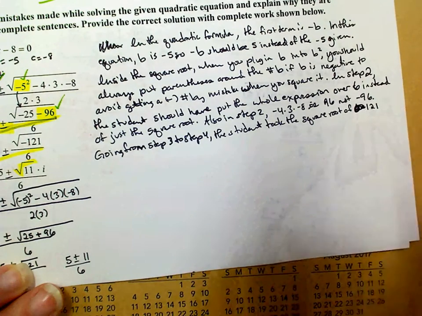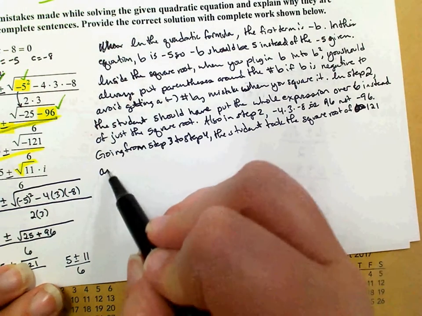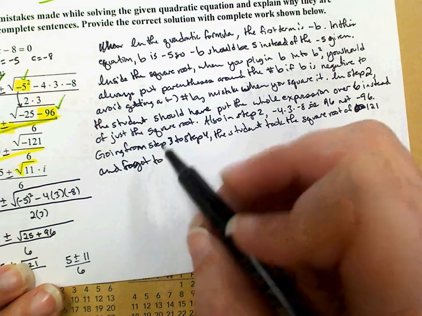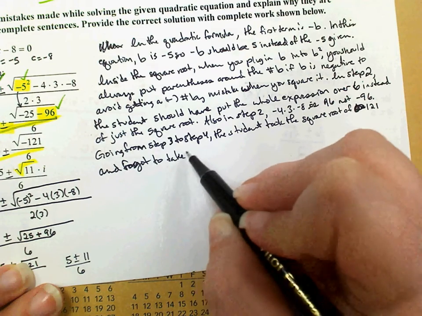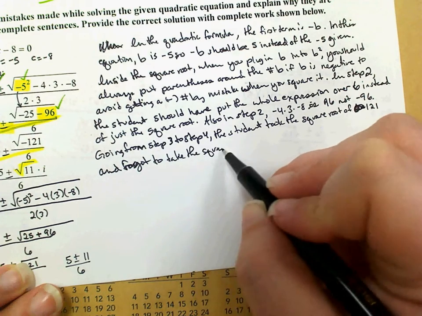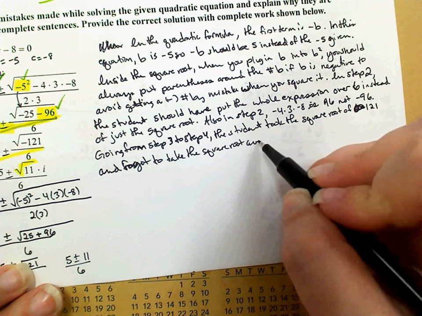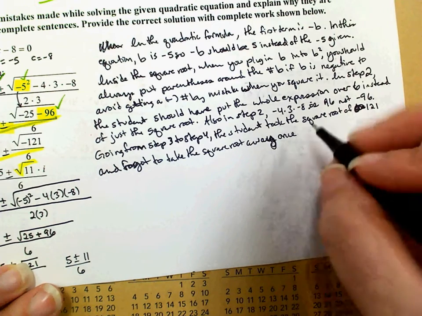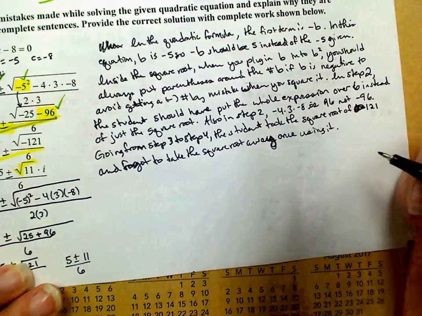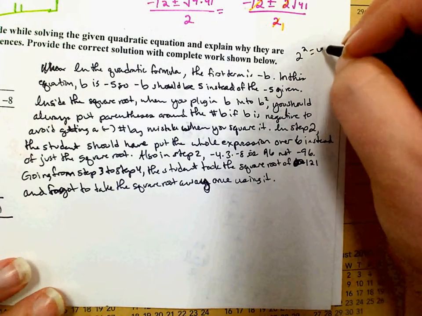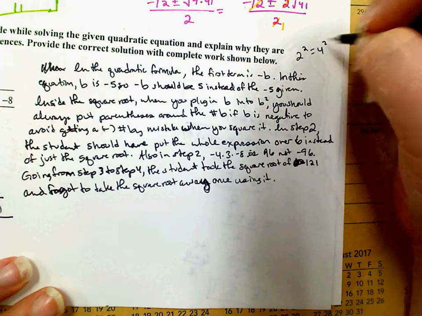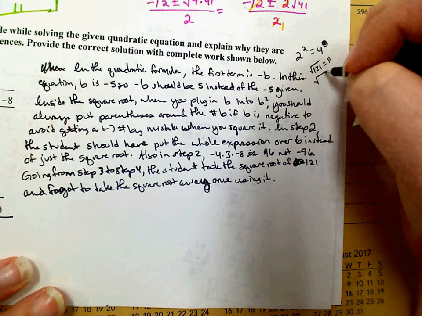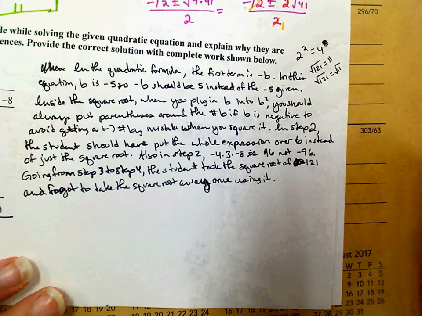Took the square root of 121 and forgot to take the square root away. Once you've applied it, it would be kind of like saying 2 squared equals 4 squared. Once you've applied the power, it's gone. The square root of 121 equals 11. And sometimes we accidentally say the square root of 121 equals the square root of 11. And that's not true. Okay?